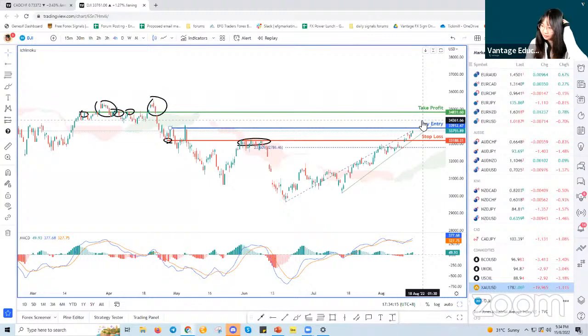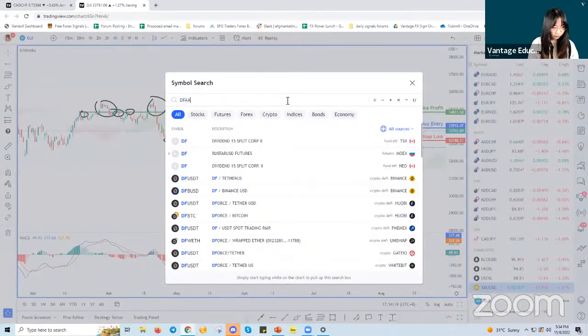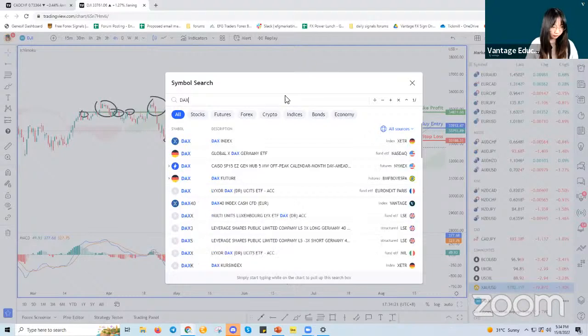Okay, and then the next one is the DAX. If you have any ideas, you can also let me know.